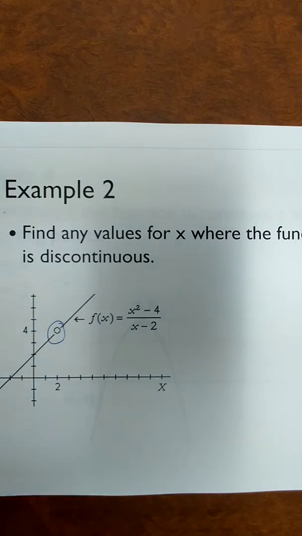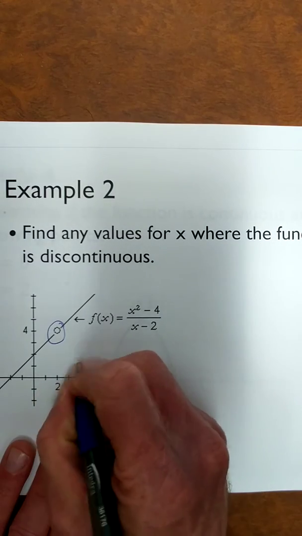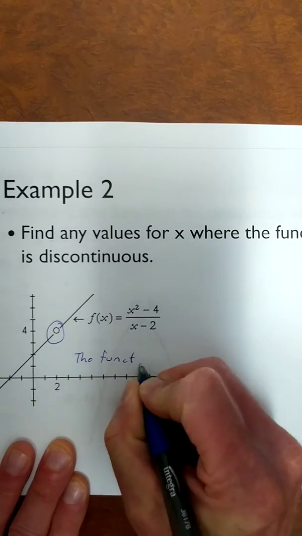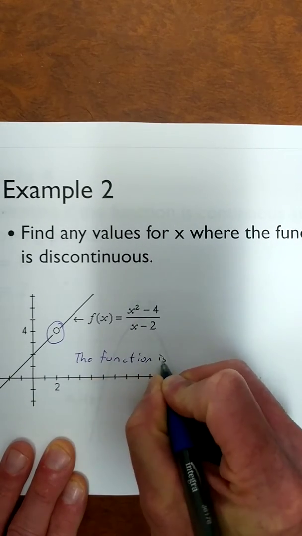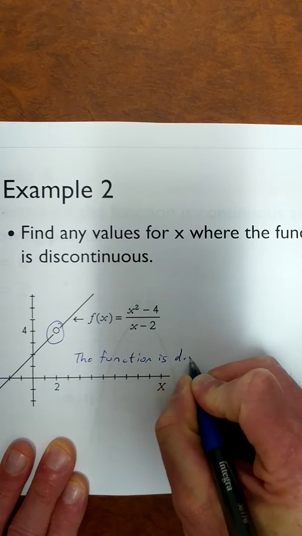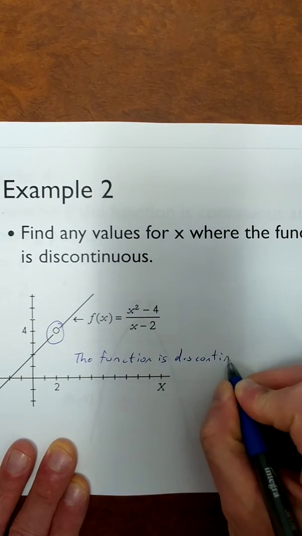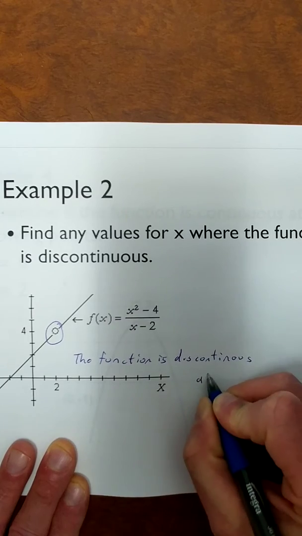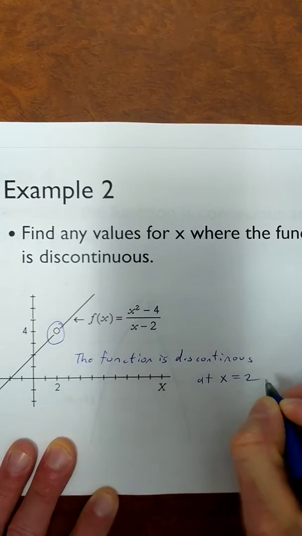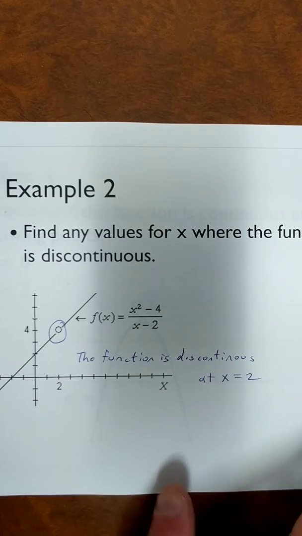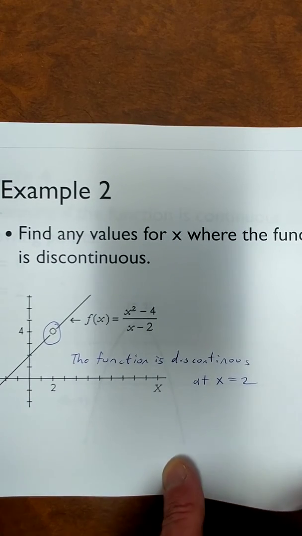So our answer would be the function is discontinuous at x equals 2. So we found a point of discontinuity. That's the only point of discontinuity on the entire curve. So we've kind of simplified the process quite a bit.